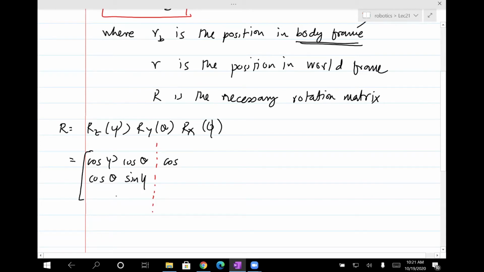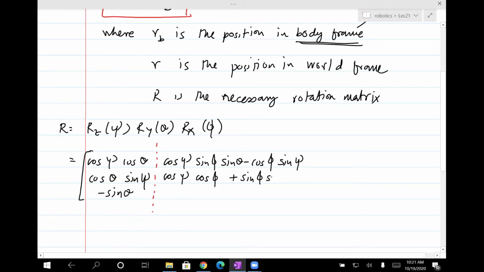Sine psi, then minus sine theta. So that's the first column. Next we have cosine psi, sine phi, sine theta, minus cosine phi, sine psi, and then cosine psi, cosine phi, plus sine phi, sine psi, sine theta, and then cosine theta, sine phi.